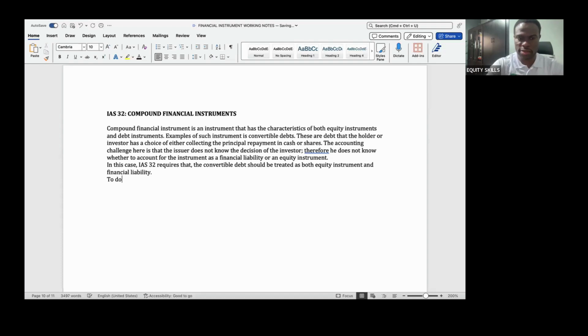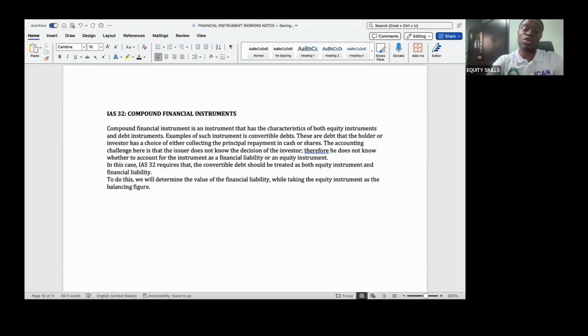So to do this, we will determine the value of the financial liability while taking the equity instrument as the balancing figure.